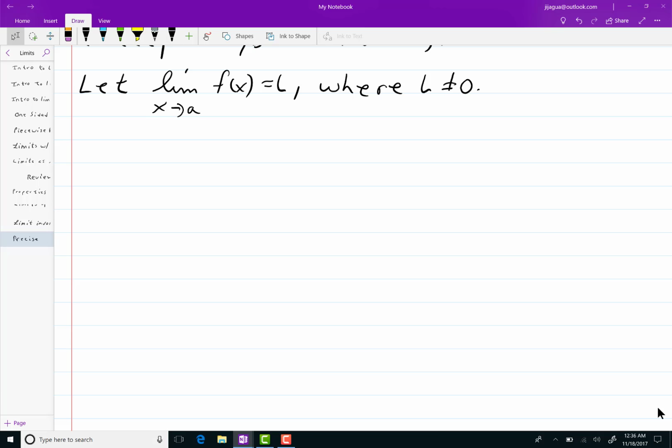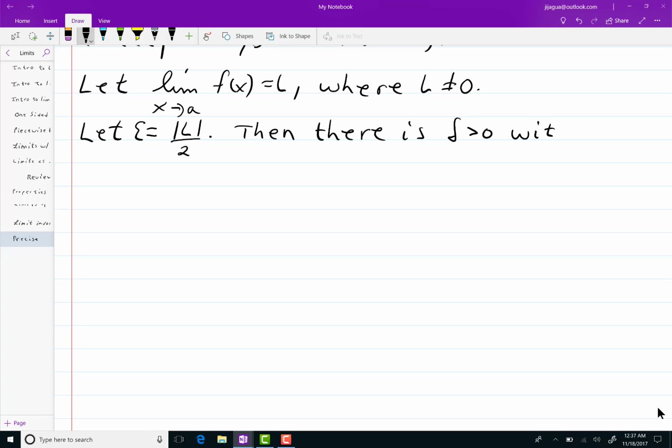If you give me, let epsilon equal the absolute value of L over 2, then there is a delta greater than 0 with the absolute value of x minus a greater than 0 but less than delta, implying that the absolute value of f of x minus L is less than what would normally be epsilon. I will insert the L over 2 because that is my epsilon.